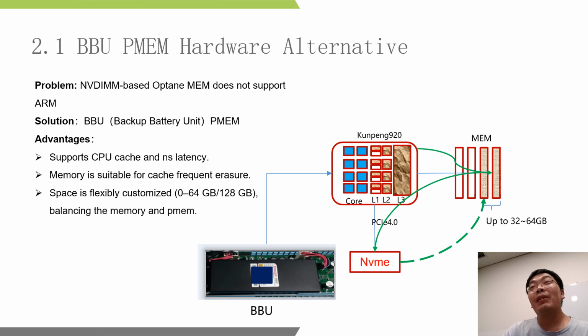Because the BBU realizes cache-level data protection, it does not need software to flush cache data and can achieve extremely low latency. When the power fails or another unusual accident occurs, the BIOS will flush all the CPU cache data and memory data to SSD under the protection of the BBU.